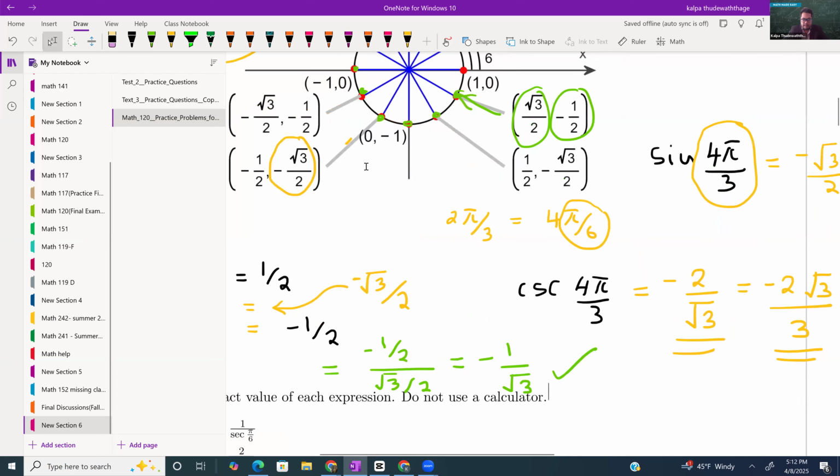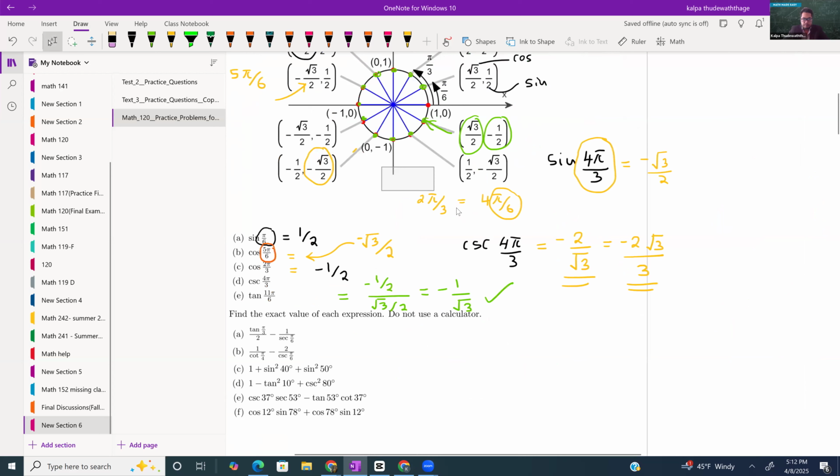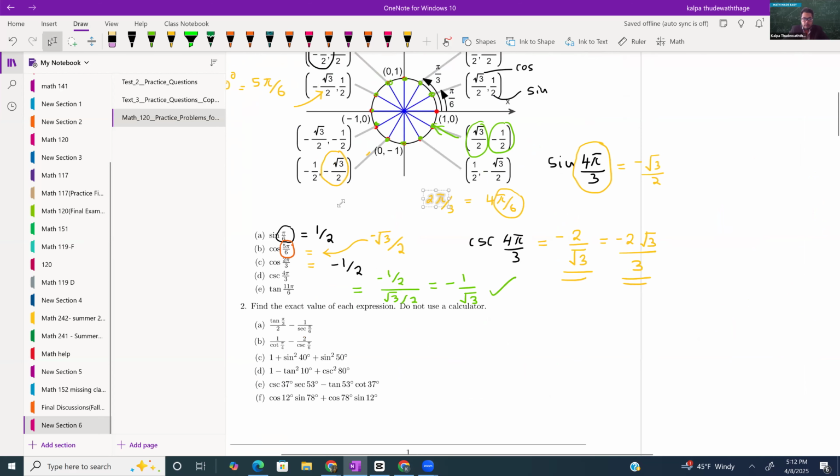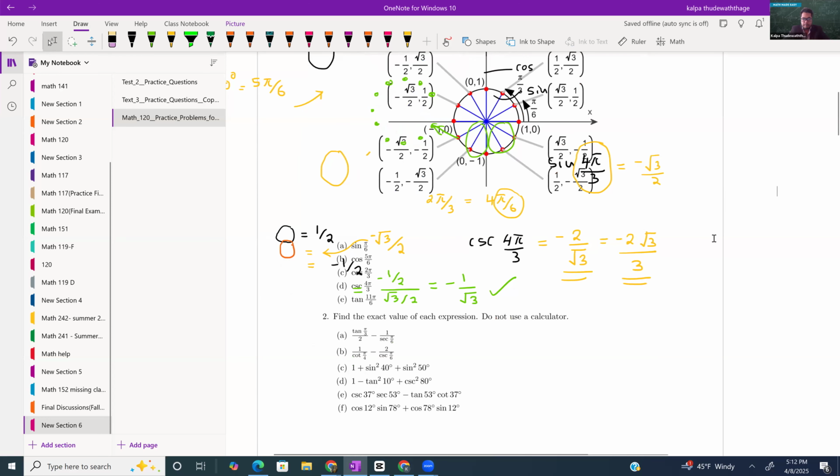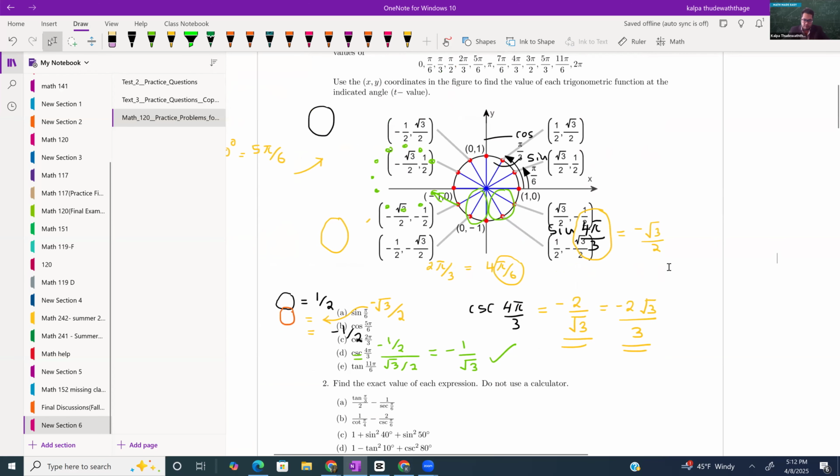I hope it's clear how you use the unit circle to find basic trigonometric ratios. I can ask secant, cosecant, cotangent, but all for well-known angles like pi over 6, pi over 3, pi over 4.